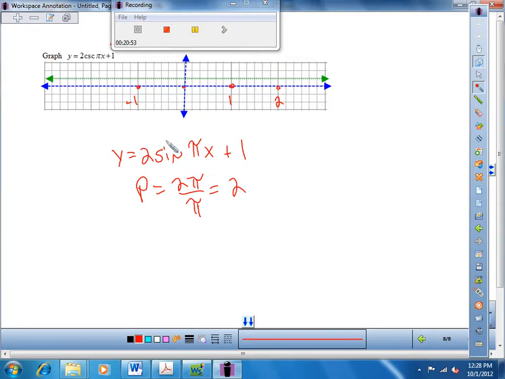There's no horizontal shift, so it's going to start here and go up to the line y equals 1, and it's going to complete one cycle in 2 radians. So it's going to go up 2 from here, and then go down 2 from here, which will put you down here at negative 1. So the sine function would look something vaguely like this.